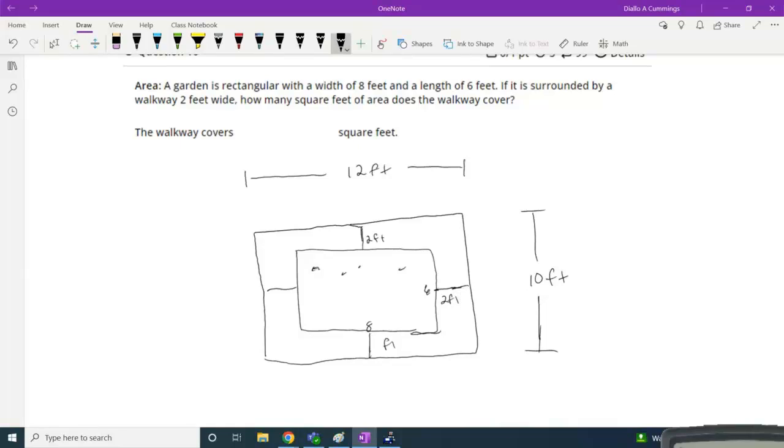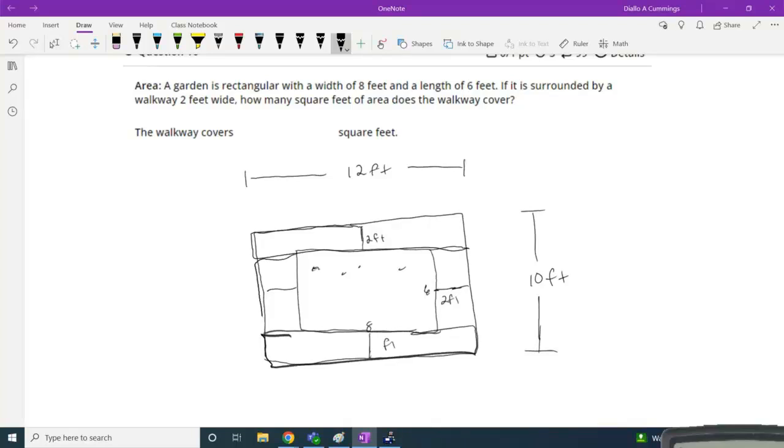I'm going to divide this up, and I really do want to remove these lines. I'm going to use some horizontal slices. So I'm going to divide it here, and I'm going to divide it here.